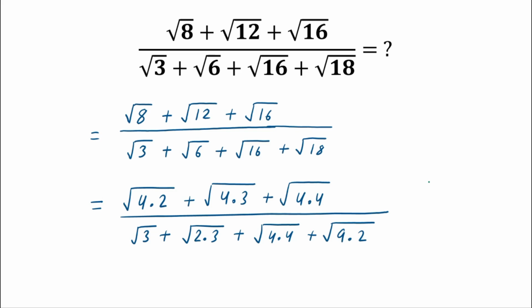Now we know that square root of a times b is equal to square root of a times square root of b.